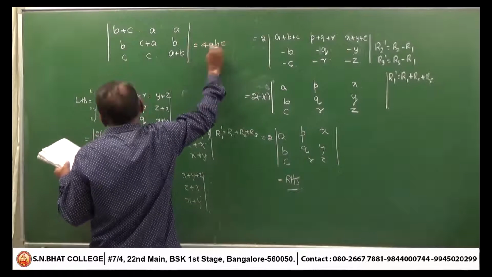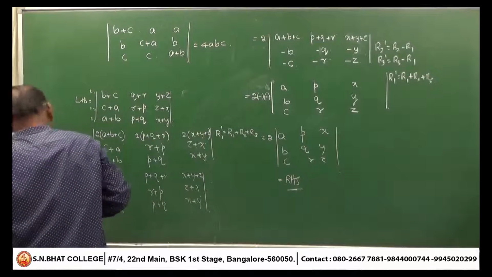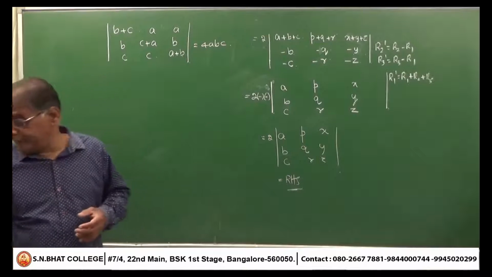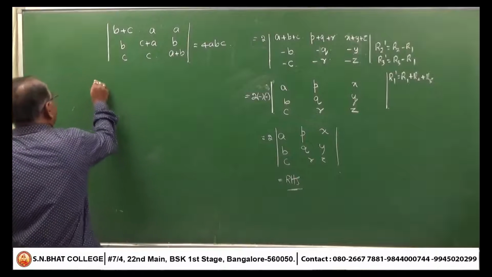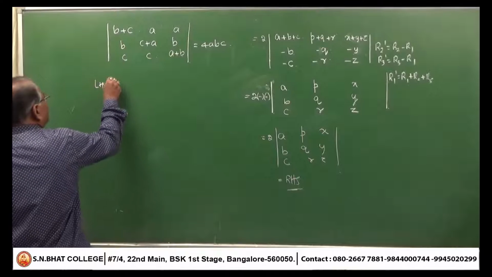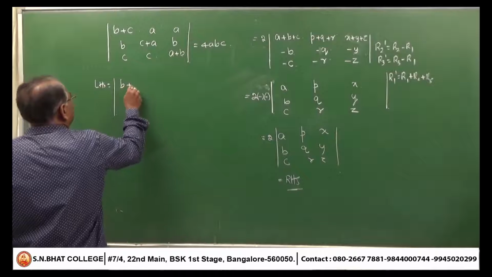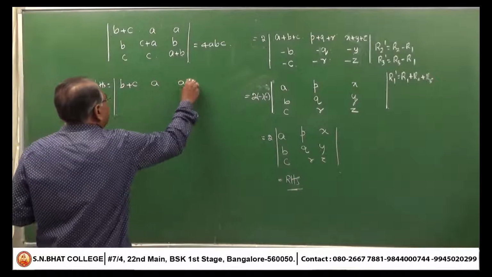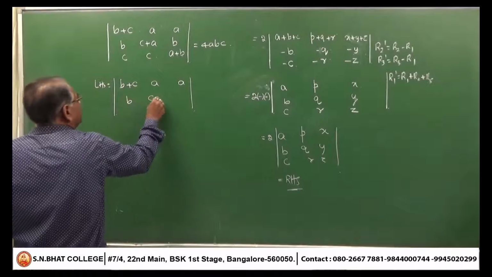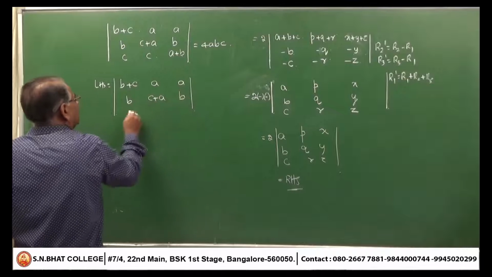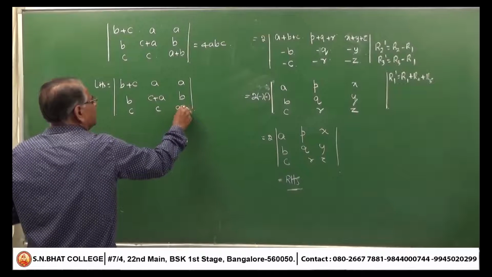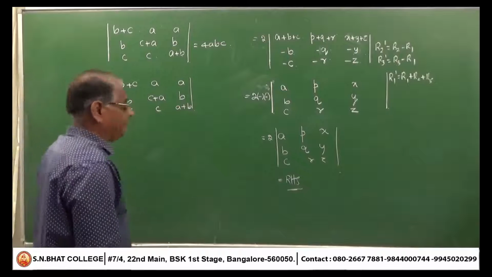Prove that 4ABC. Write the left hand side determinant. Left hand side is determinant of B plus C, A, B; C, C plus A, B; C, A, A plus B.